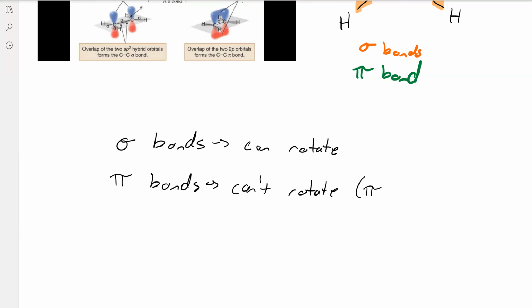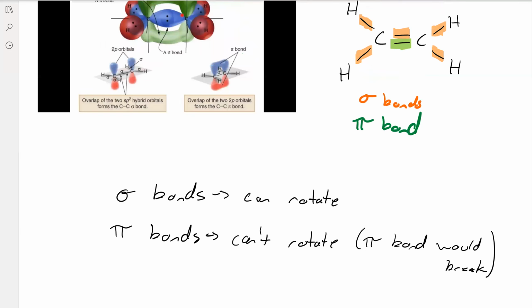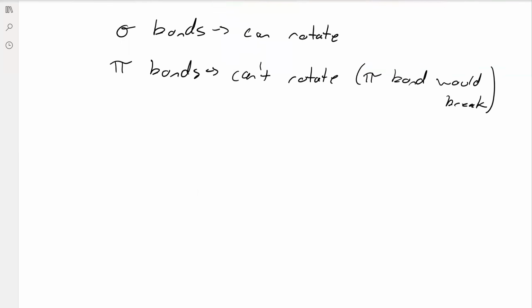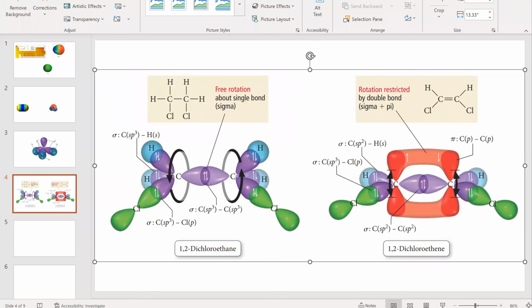Because if they did try to rotate, the pi bond would break. Right, if you think about the indirect overlap here, if you start trying to rotate one of these carbons, you're going to be breaking that pi bond. And then here's just a nicer picture of that.